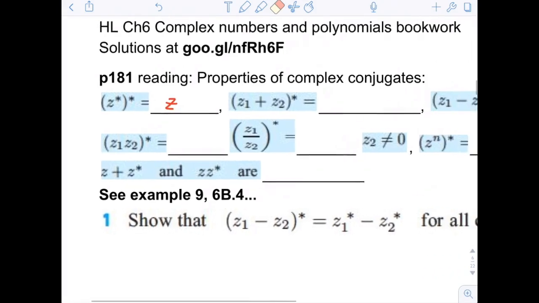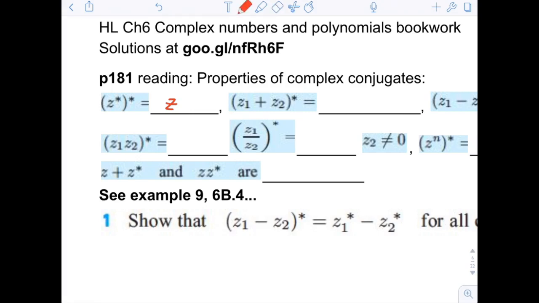Okay, next one. The conjugate of two complex numbers added together is equal to the conjugate of the first one plus the conjugate of the second one. And how do we know that? Let's see.